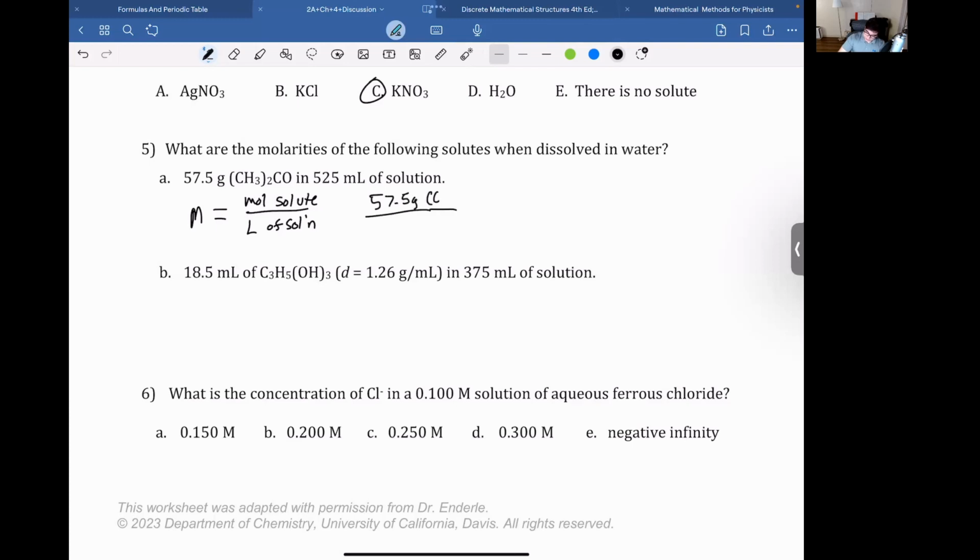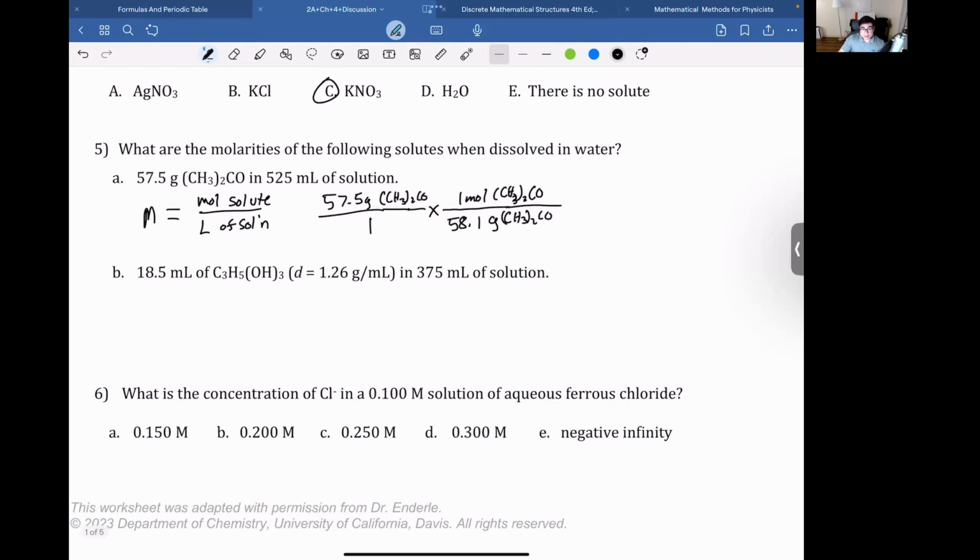So first we convert this to moles. This is about 58.1 grams for every 1 mole. Then you have your unit of moles.